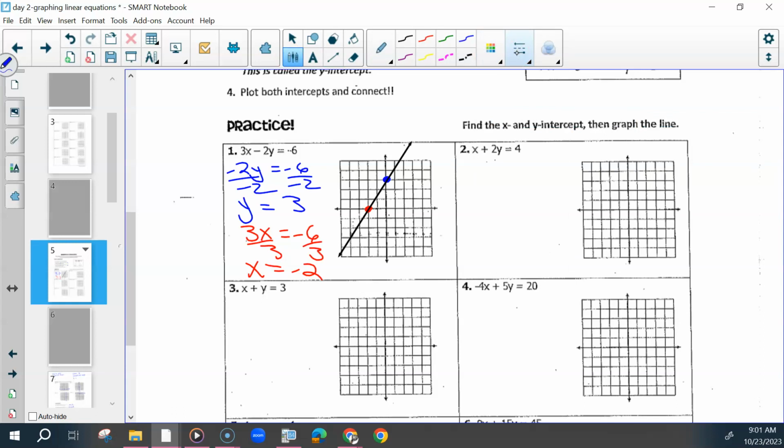Okay, so for number 2, if we were solving for the y-intercept and I covered up the x term, what would be left? 2y equals 4, and then we would solve, divide both sides by 2, put a point at 2 on the y-axis.